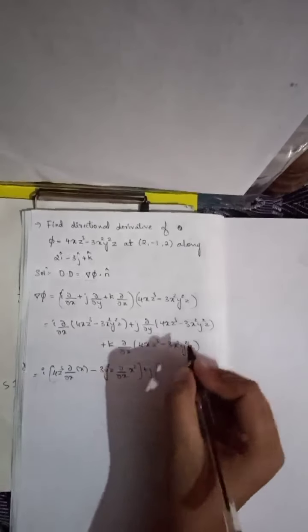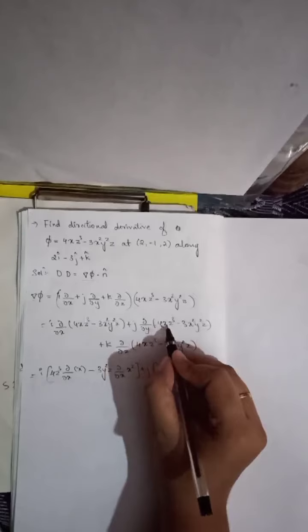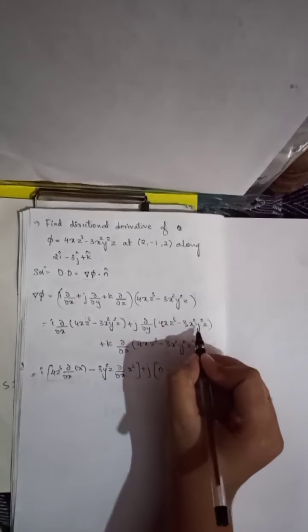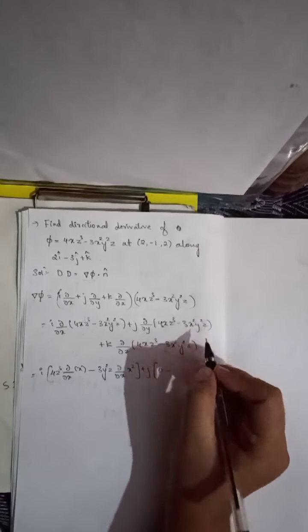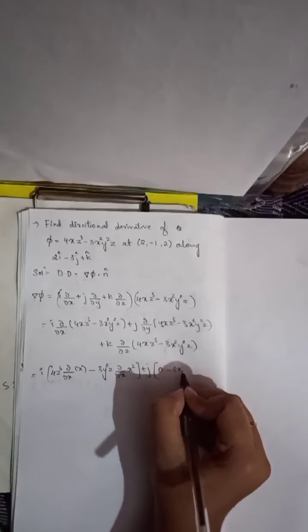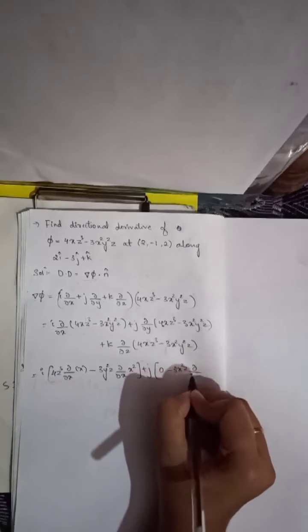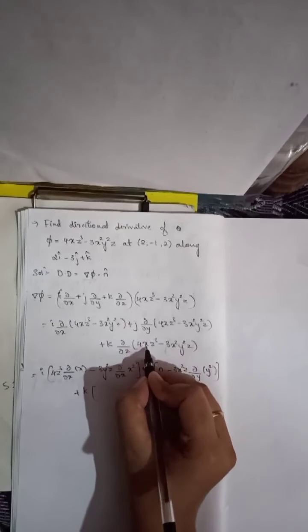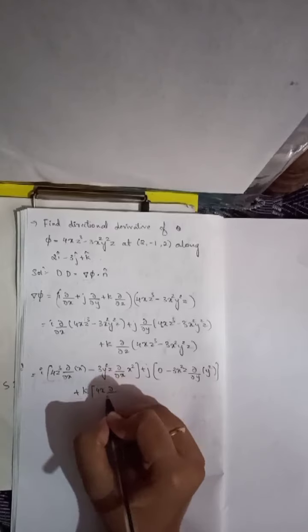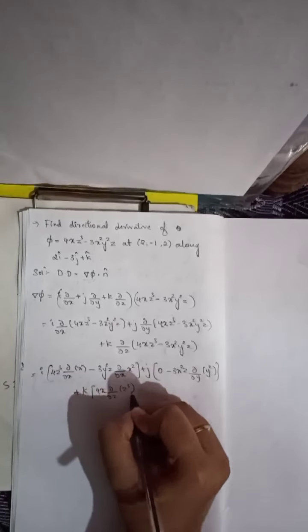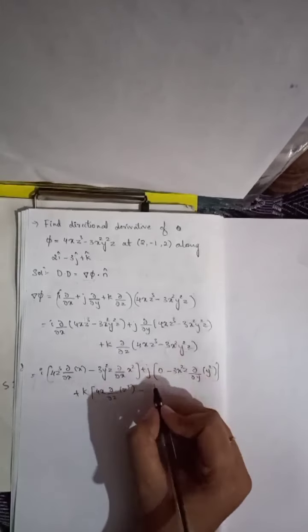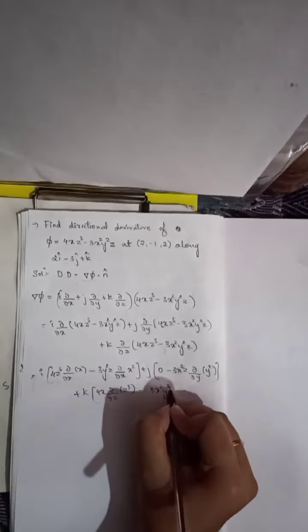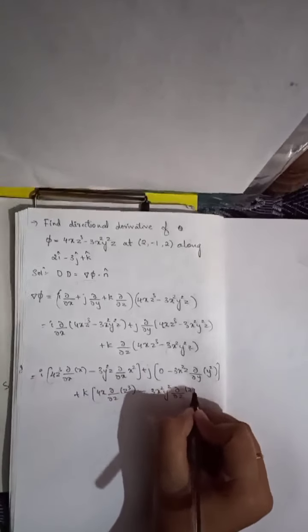Plus j into, in the first term there is no y present, so differentiation is 0. Here there is y present, so 3x square z will be out, dou by dou y of y square. Plus k into, in the first term there is z, so 4x will be out, dou by dou z of z cube, minus, here also z is present, so 3x square y square will be out, dou by dou z of z.